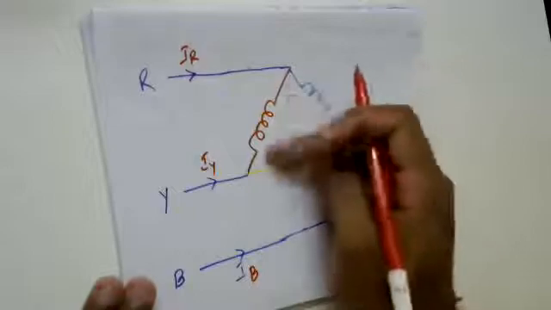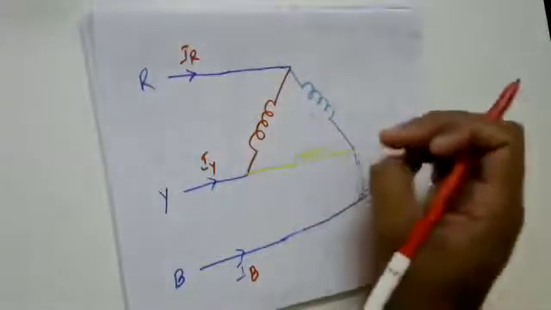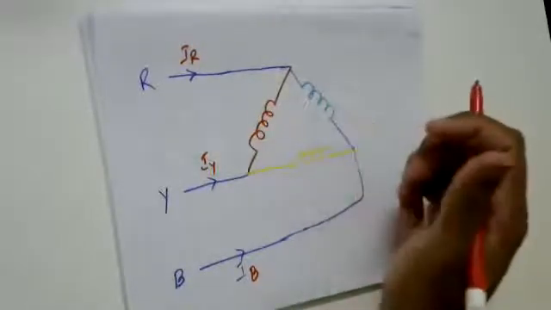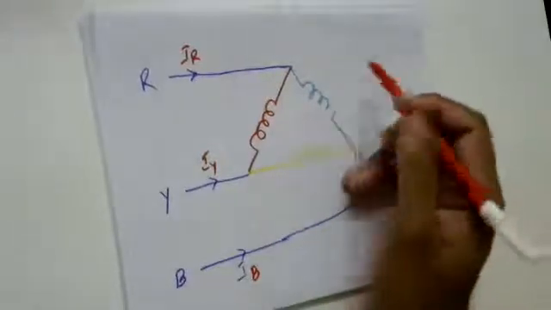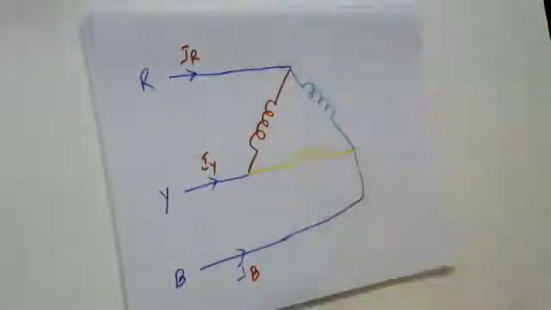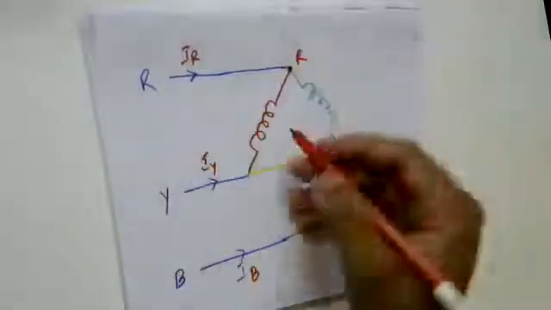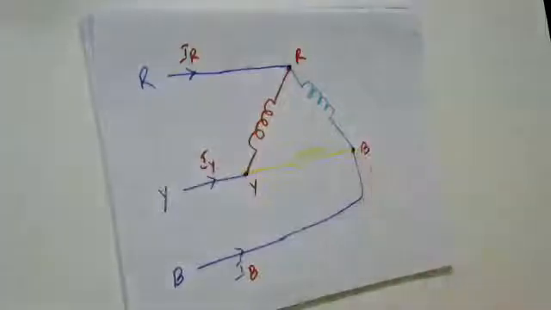Now I need to identify what the phase currents are. In order to identify where the phase current is going to flow, let me say this is the R terminal, the same thing I'm writing here. This is the Y terminal, and this is the B terminal.